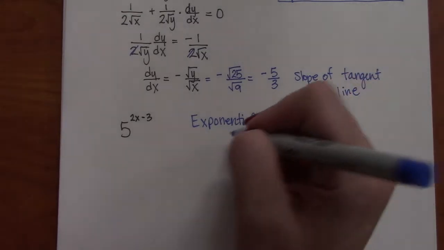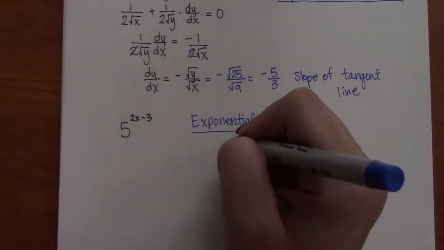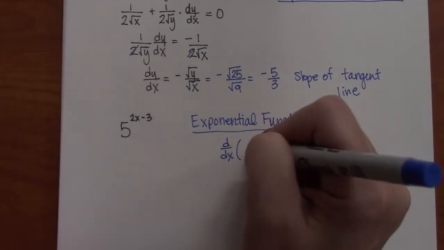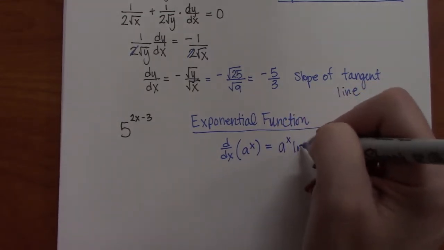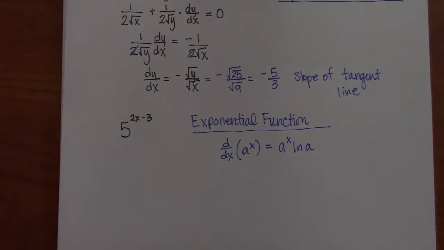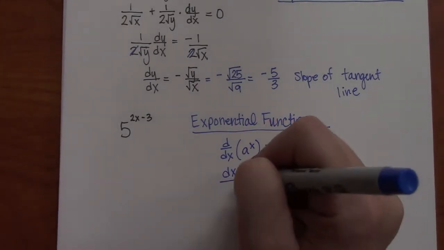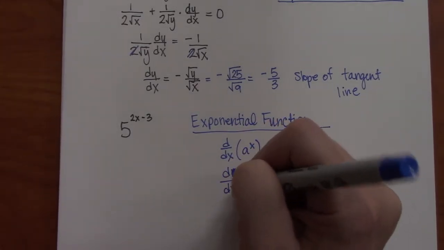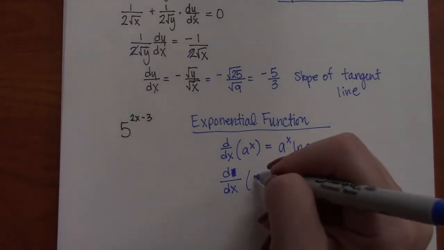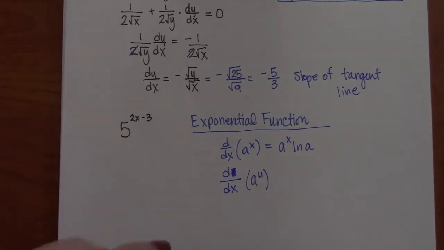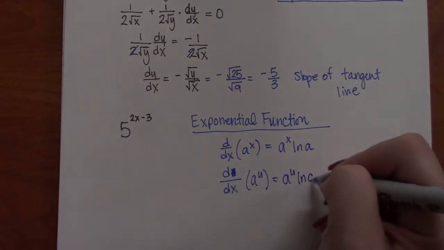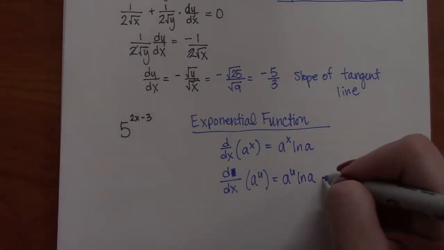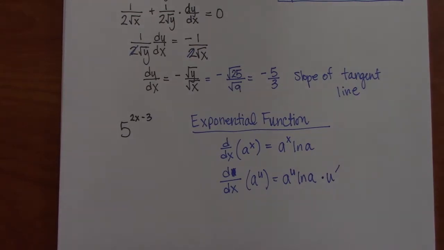So we said, well, d/dx of any function a to the x is a to the x ln of a. But now, if we want to apply that definition to the chain rule, u now stands for an expression, we'd get a to the u ln of a, there's the derivative of the outside function, times u prime.